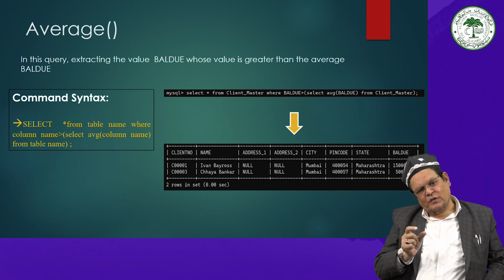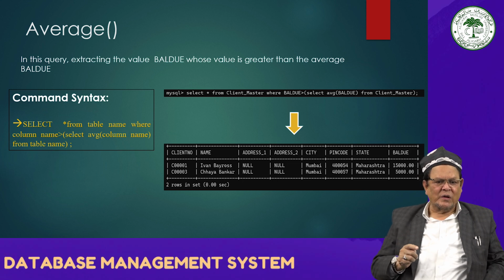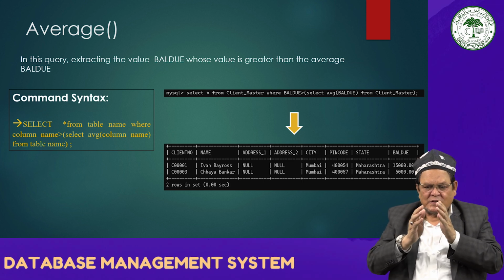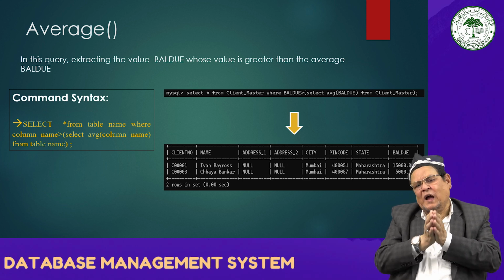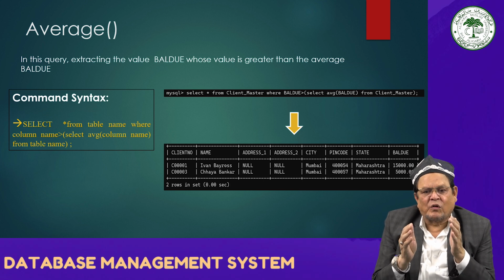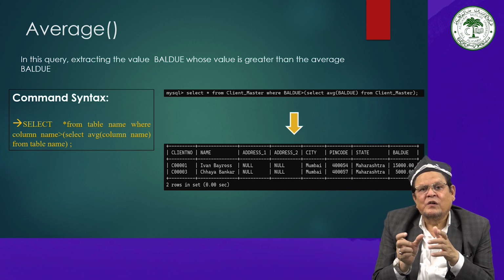How will you calculate the average? Average formula: you have to write select average column name from the table name. Then it will search the average, and then it will search for the column of due which is more than average. How will you write? Write select star from client master where balance due is greater than, and within the brackets you write the query to find the average.